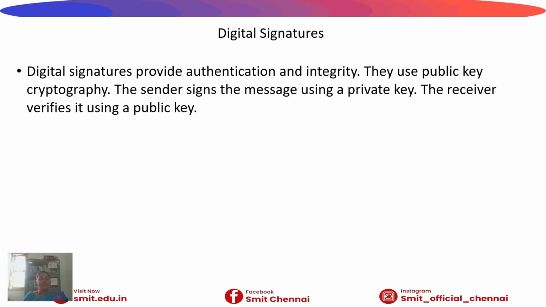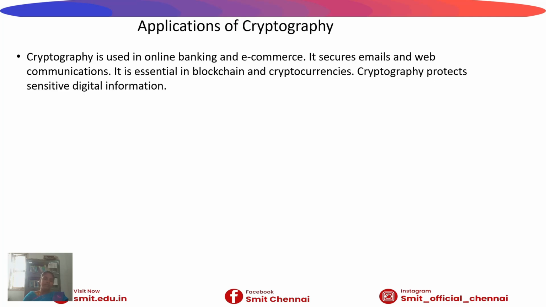This is the important role between the private key and public key. First, it provides authentication and integrity. The sender signs the message using the private key, and the receiver verifies with the public key. These are the mechanisms for digital signatures.